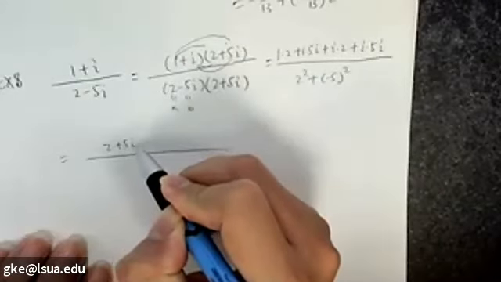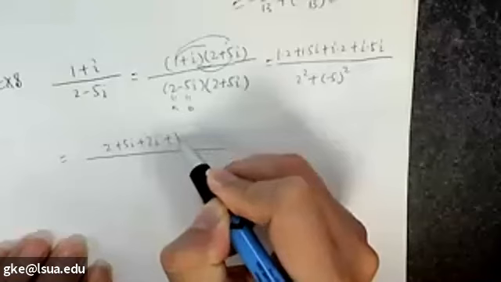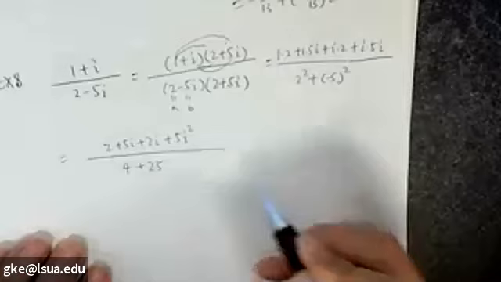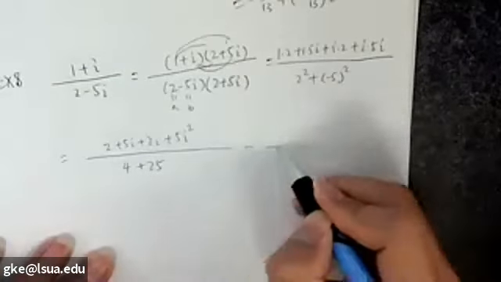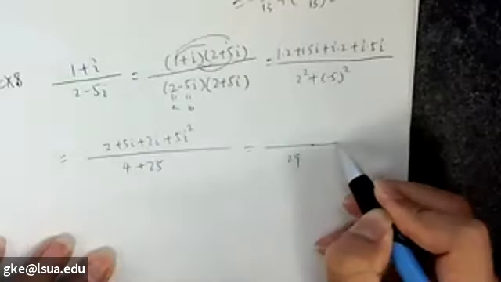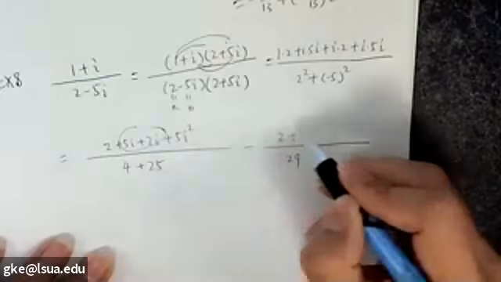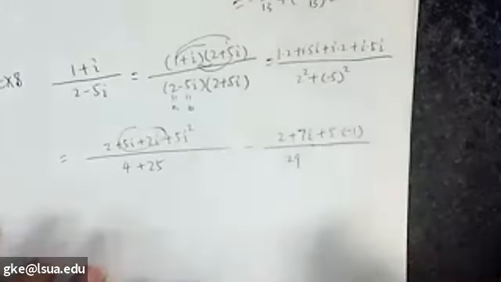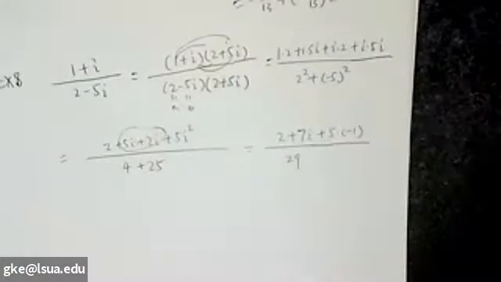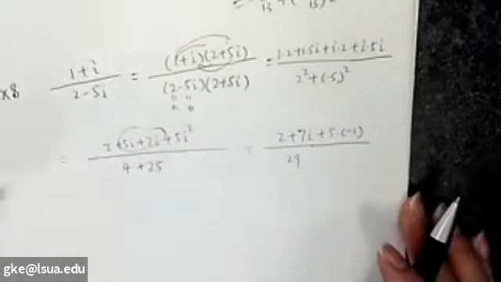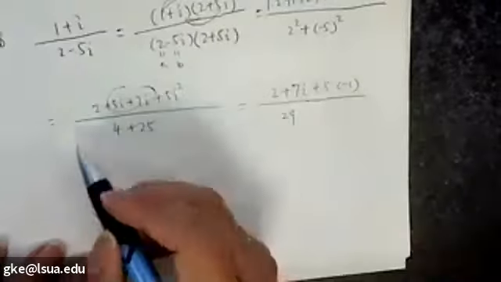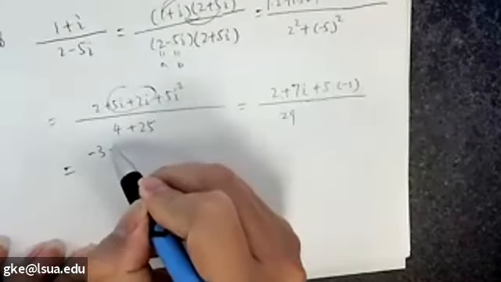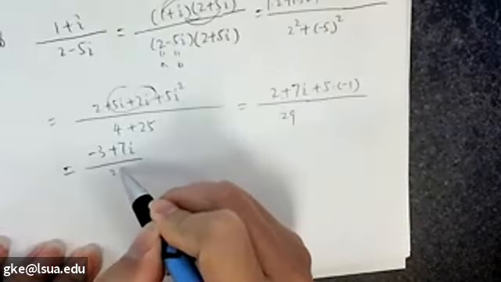For the numerator, it's gonna be this. For the denominator, it's gonna be 4 plus 25, 29, and here's 7i, and here is 5 times negative 1. And we can continue to simplify: 2 minus 5, negative 3, over 29.